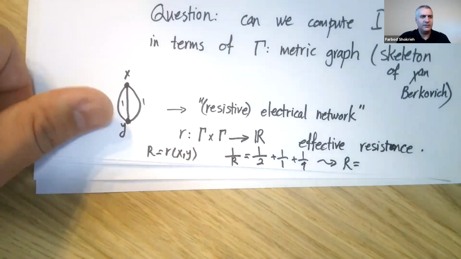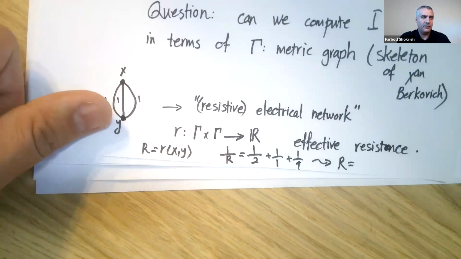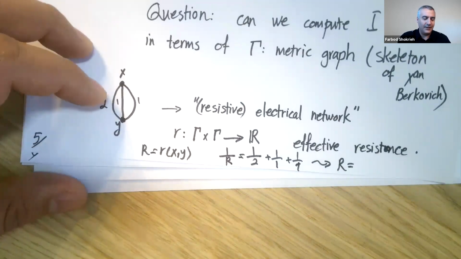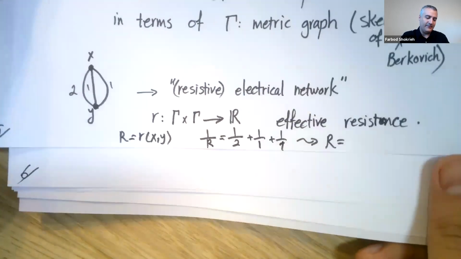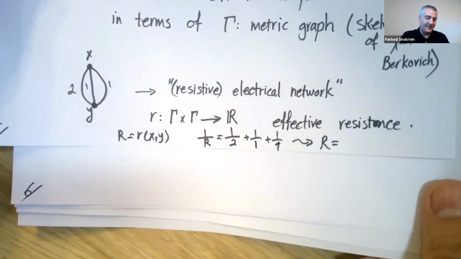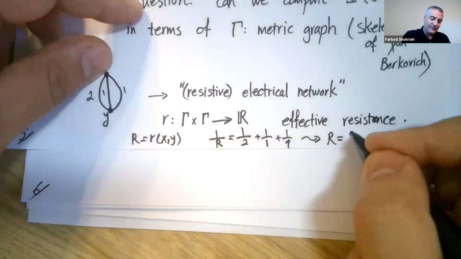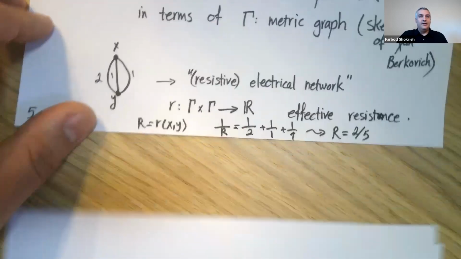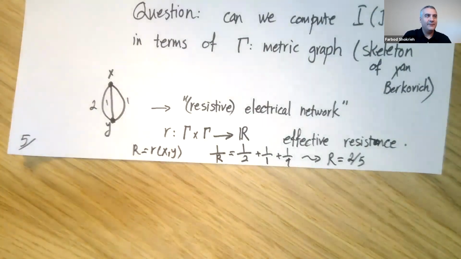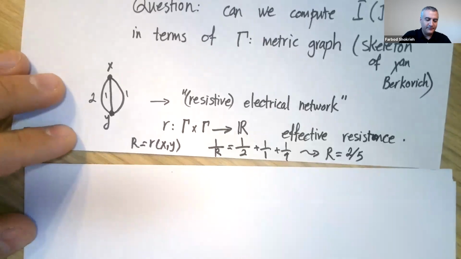I think 2/5 or something like that. No, 2/5. Anyway. But forgive me if I'm mistaken. Okay, so there is an effective resistance function.